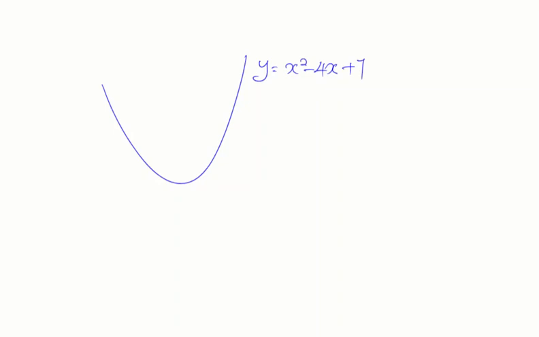I have another curve, another straight line, y equals 5x minus 2. Tell me, will they cross at 2 points, or touch at 1 point, or they won't touch at all?